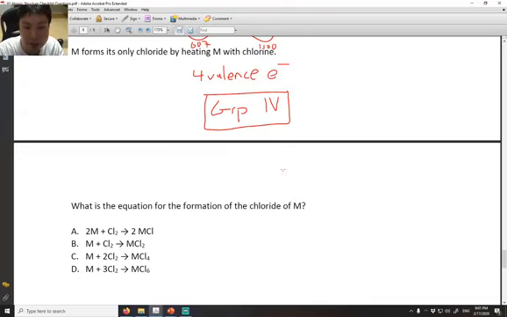Chlorine on the other hand is in group 7, so it has 7 valence electrons and is only 1 short of an octet. So in order for M to react with chlorine, 1 M needs to share an electron with each of 4 different chlorines so that you can get a stable octet configuration.